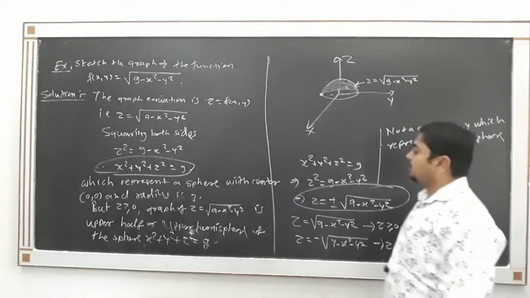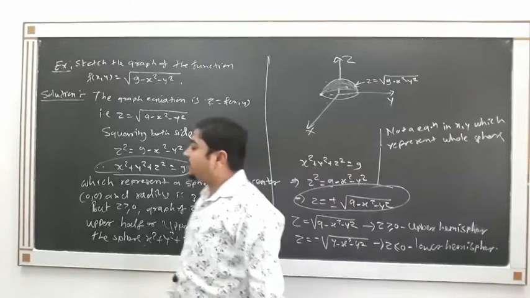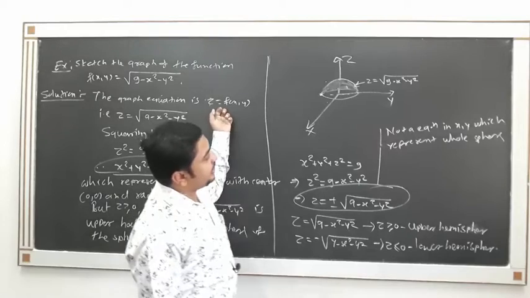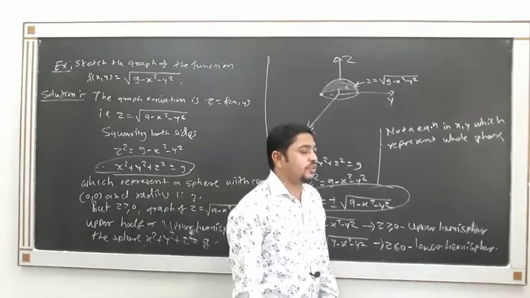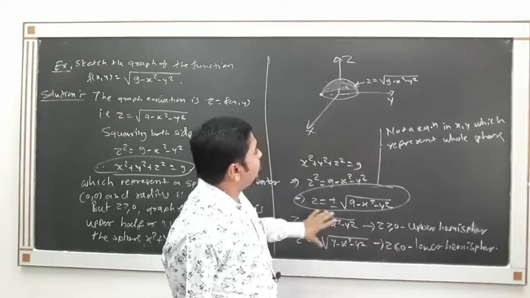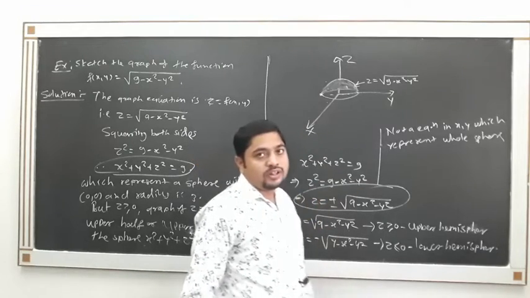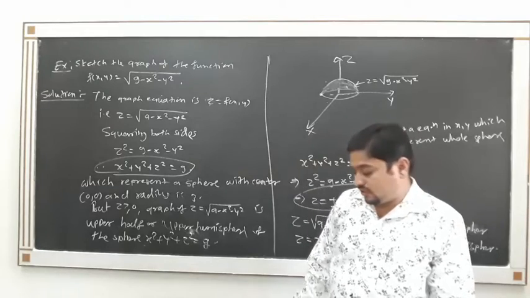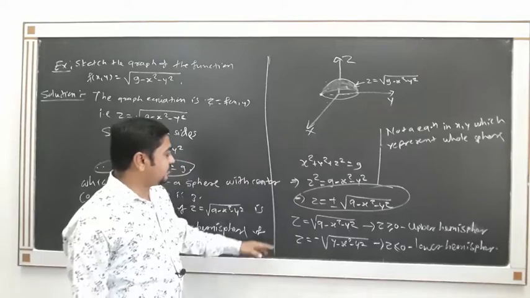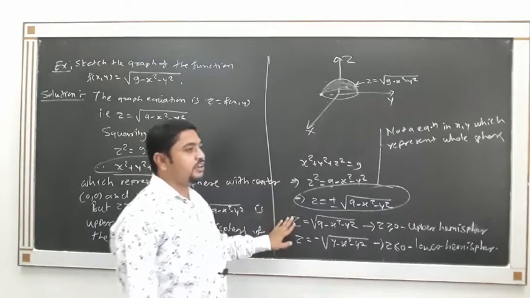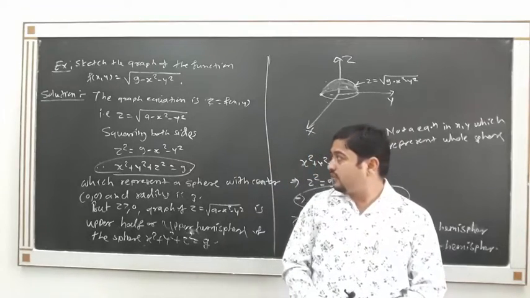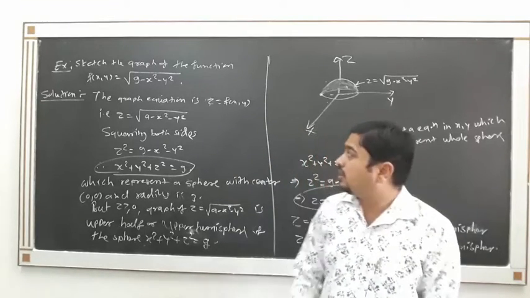That is, there is no equation like z is equal to f of xy which represents a whole sphere. So we are not able to find an equation like this which represents a whole sphere. Okay, getting this? So this is the second example.